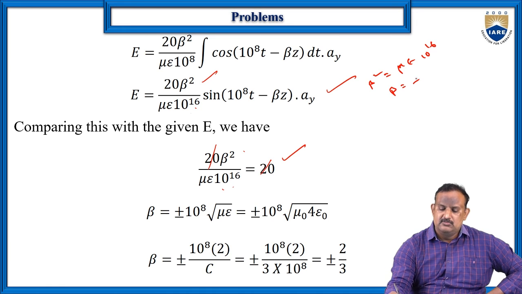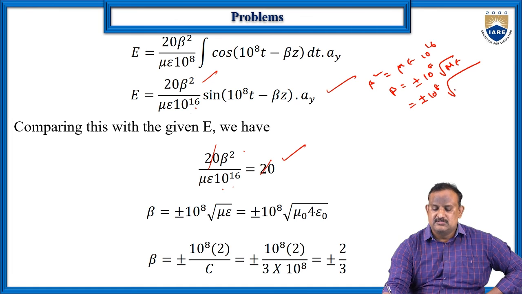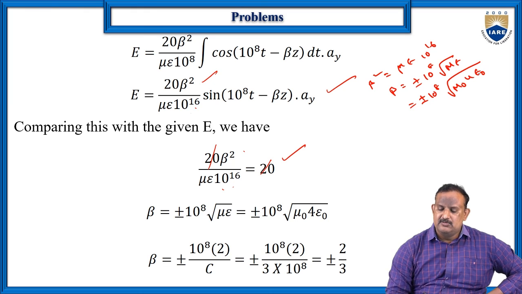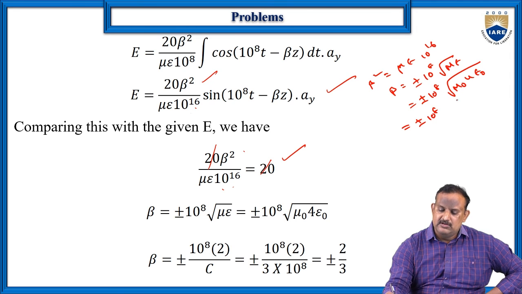Therefore beta is equal to plus or minus 10 power 8 into root mu epsilon, which is plus or minus 10 power 8 into root mu, where mu is given as mu naught and epsilon is given as 4 epsilon naught. Therefore you can write plus or minus 10 power 8 into root of 4, which is 2, into root mu naught into epsilon naught.